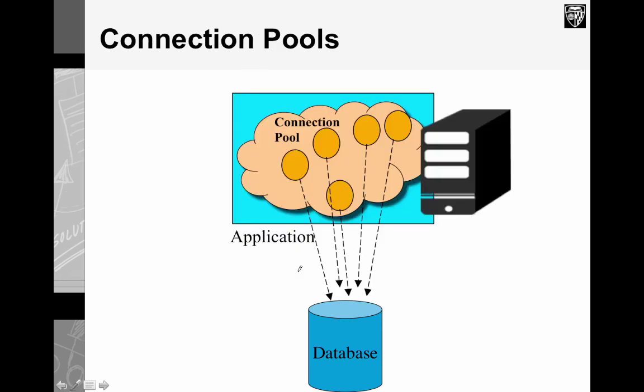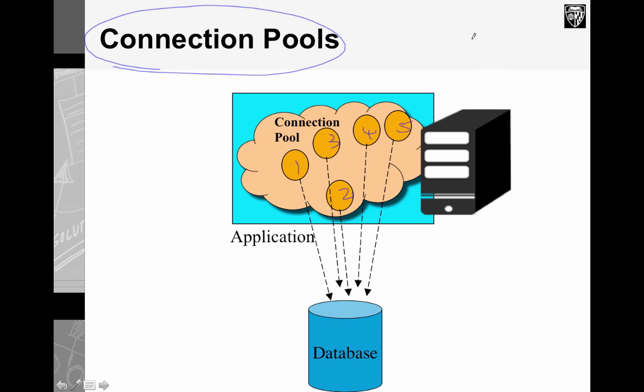So in many application servers, many application developers use what we call a connection pool. A connection pool is really a set of connections that the application server will open up. In this particular case, the application server has a connection pool where we have 1, 2, 3, 4, 5 connections that have been kept open to the database.